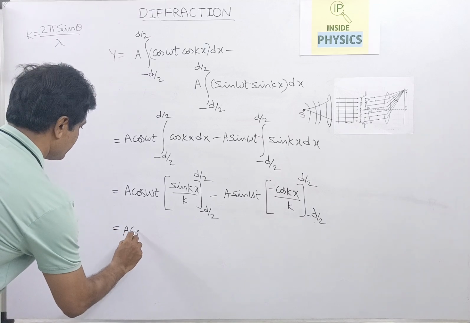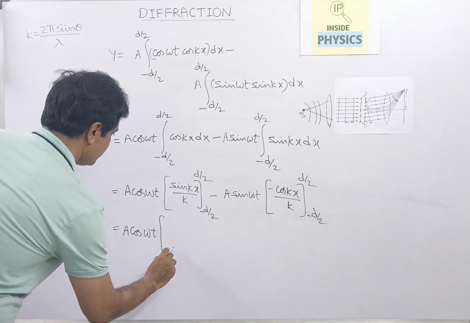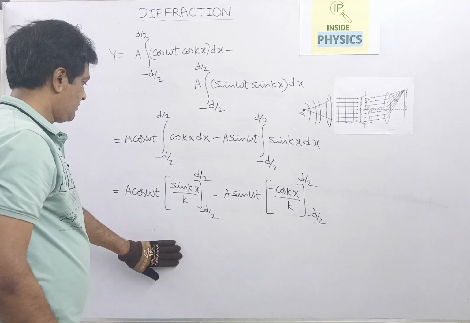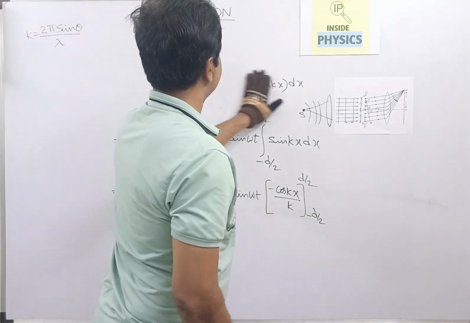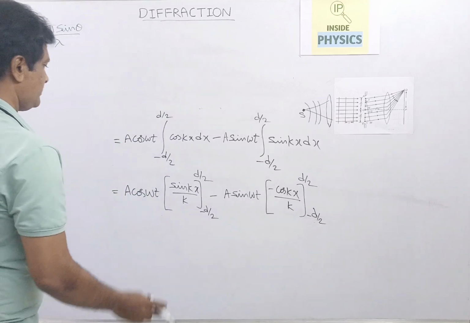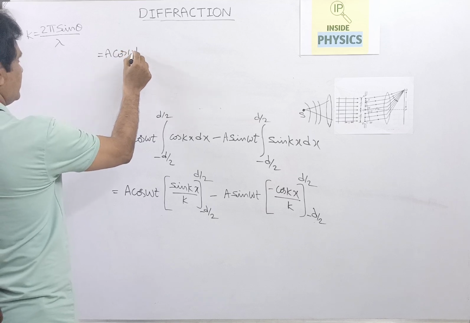a cos omega t. So we will take this step in the above area. From this what I am writing is a cos omega t.